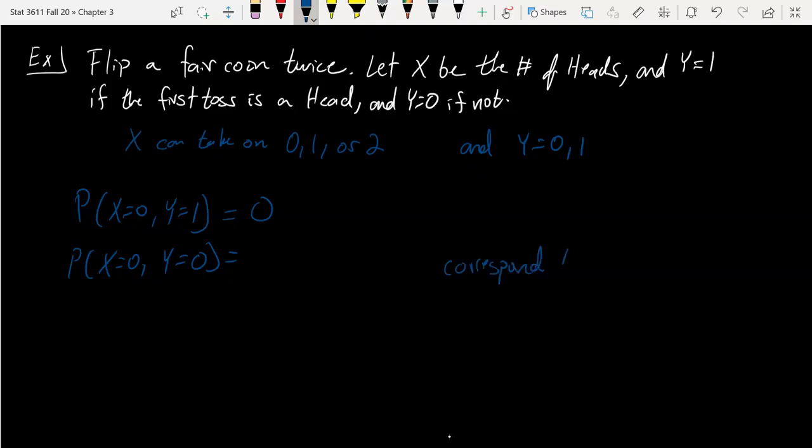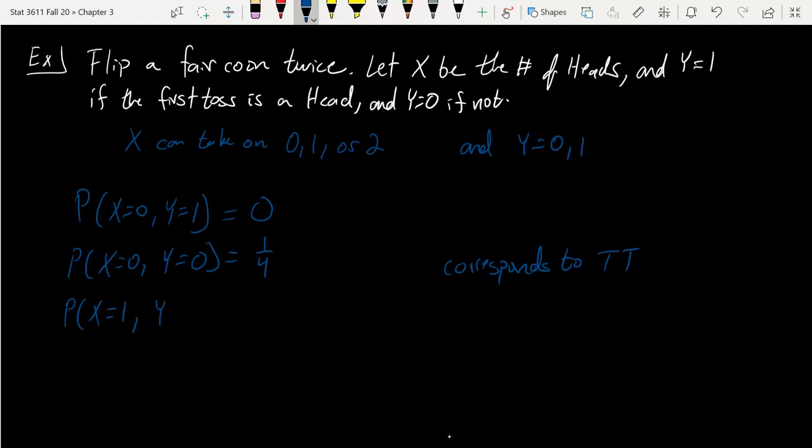X equals 0 means we have no heads. Y equals 0 also means we have no heads. So what's the probability of getting tails, tails when you flip a fair coin twice? That is 1/4, right? 1/2 chance of getting tails in the first times 1/2 chance of getting tails in the second.